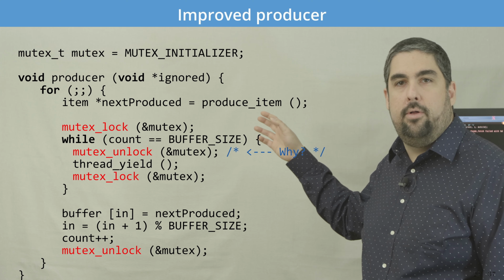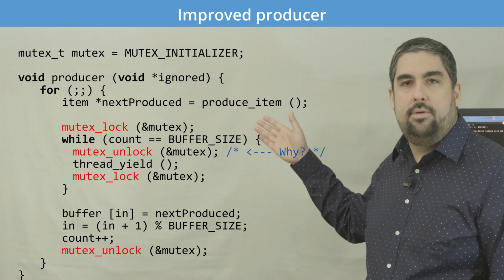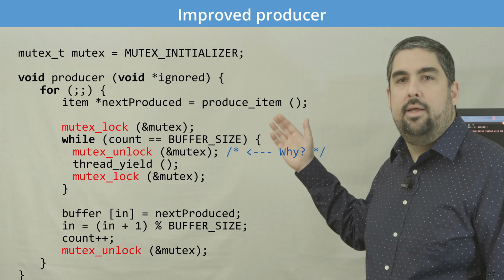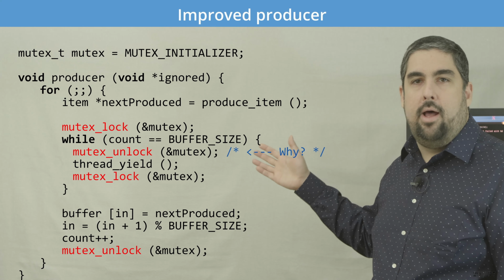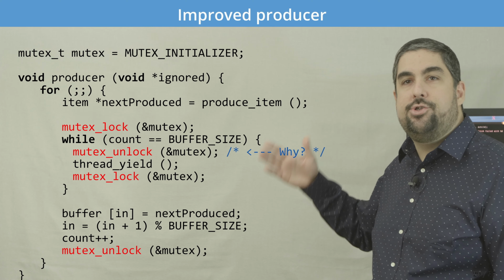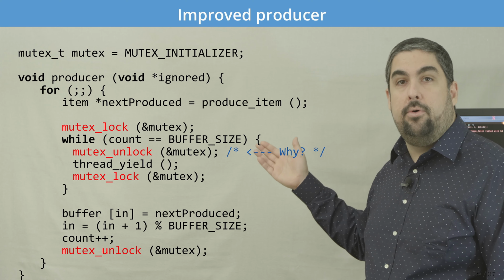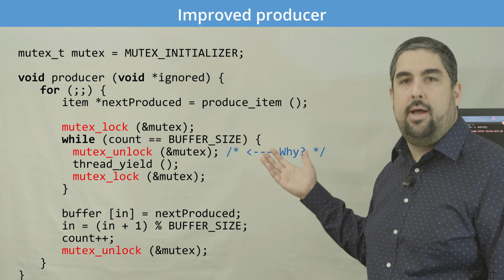If the buffer is full, we're going to unlock the lock, yield, allowing other threads to proceed, and then reacquire the lock. So why are we unlocking and relocking here? The reason is we want to make sure that if the buffer is full, the only way to make forward progress is if the consumer runs and consumes an item.